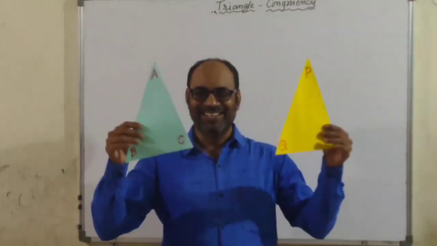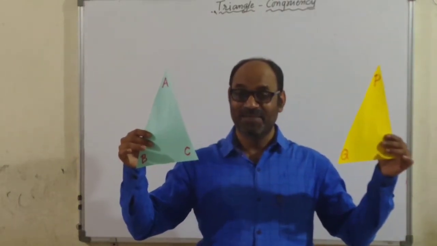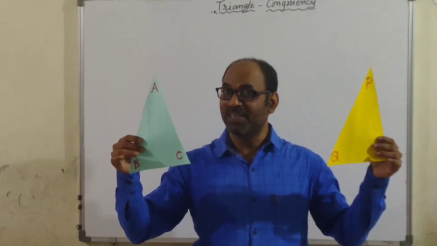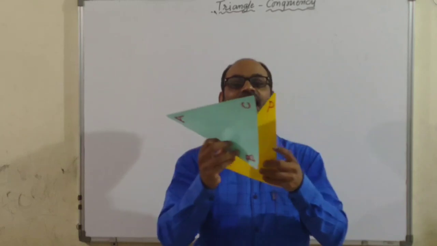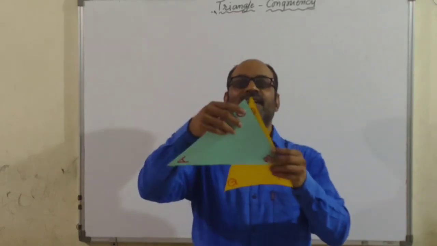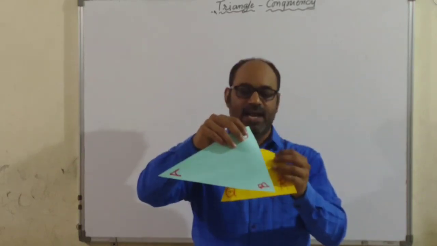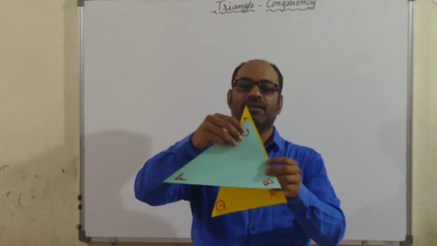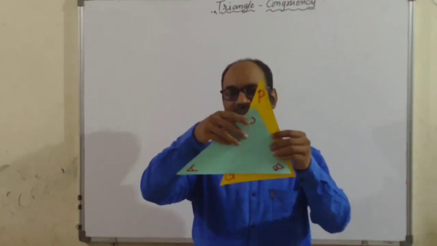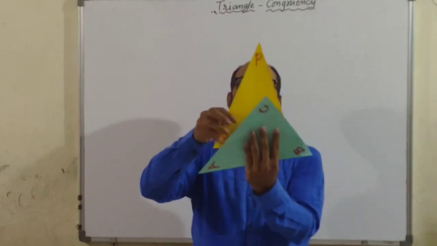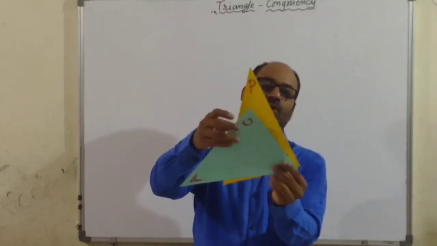Okay. Can you see two triangles here? First, let me see if they are overlapping. Right. I correspond like this. Angle B to angle Q. Alright. Angle C is connected to angle R. Correct? This way I am connecting. But I don't think they are going to overlap.